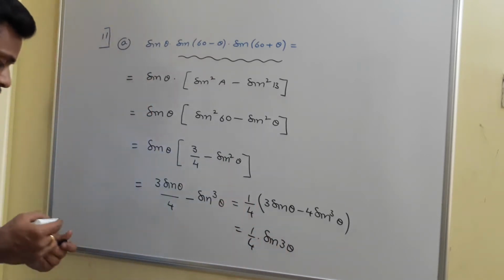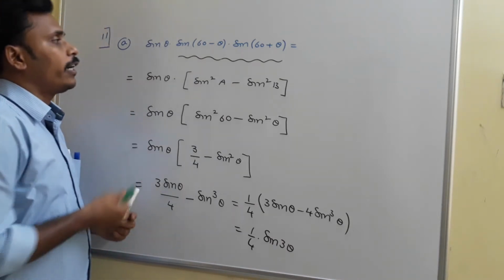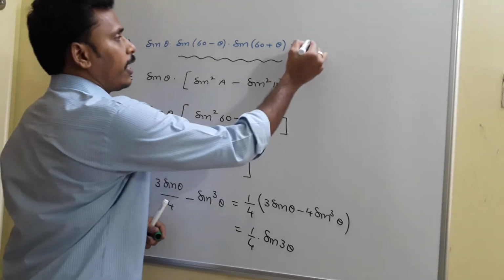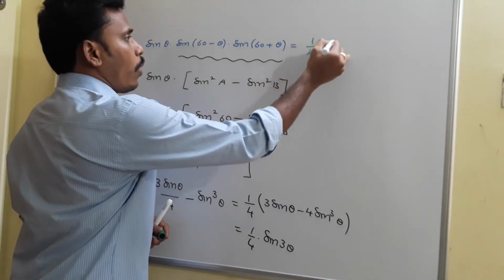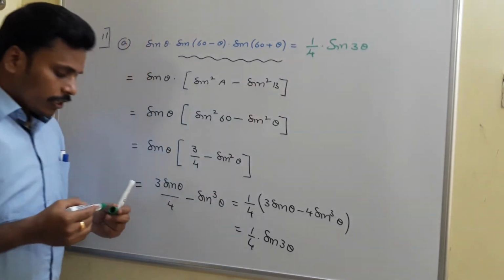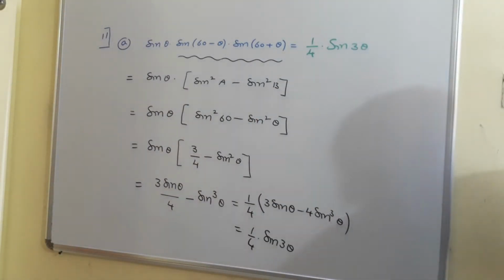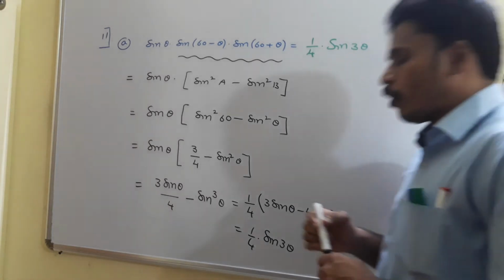Just have a look. At the end, sin theta into sin of 60 minus theta into sin of 60 plus theta is equal to 1 by 4 times sin 3 theta. Just observe how I did it. See, the product we need to find, sin theta you just keep aside, and then sin of 60 minus theta into sin of 60 plus theta is nothing but of the format sin of a minus b into sin of a plus b.